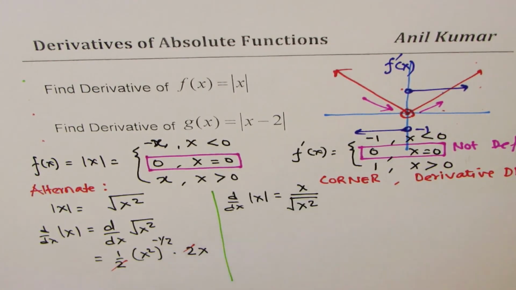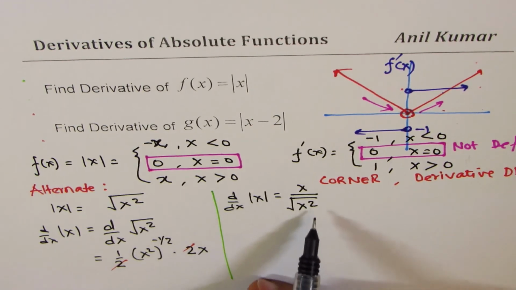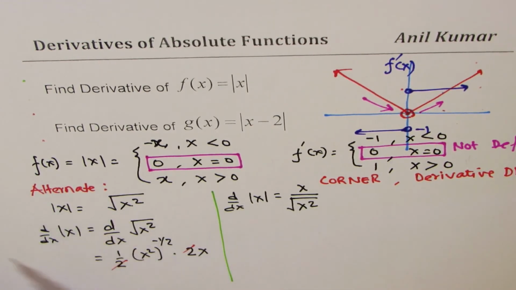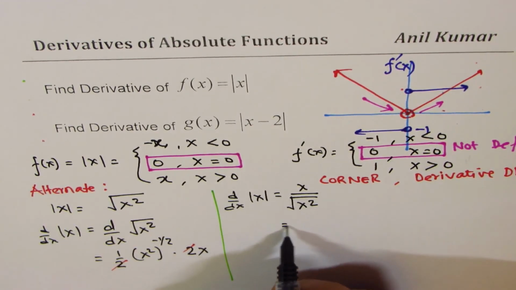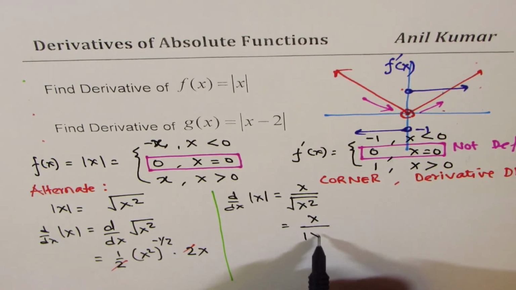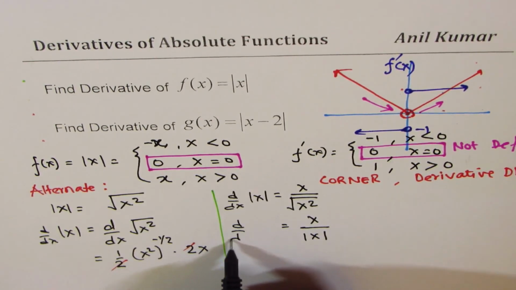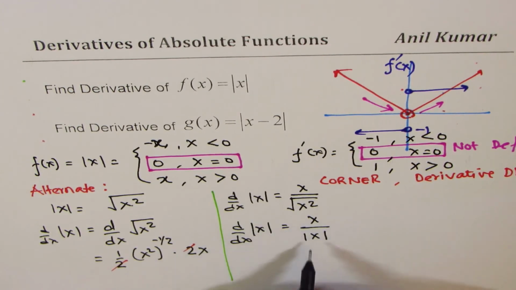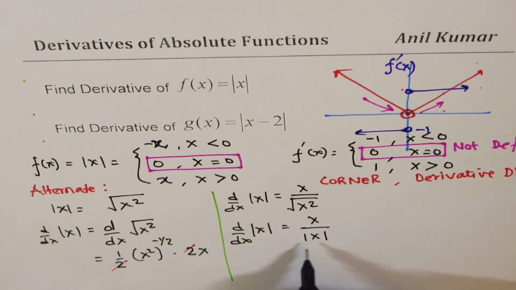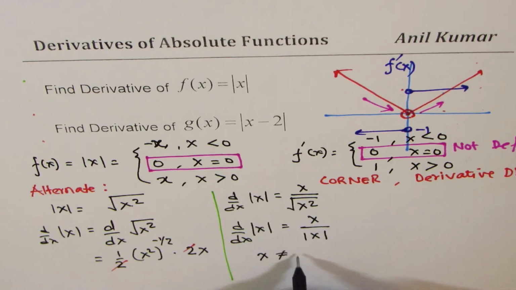But the square root of x squared is absolute x, so I can write this as x over absolute x. So the derivative of absolute x is x over absolute x, and clearly the restriction here is that x is not equal to 0.